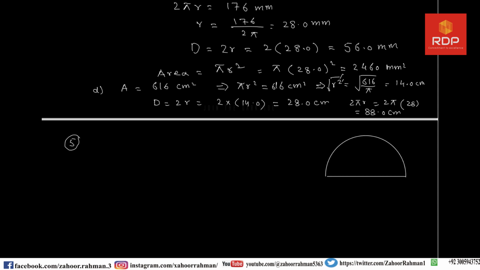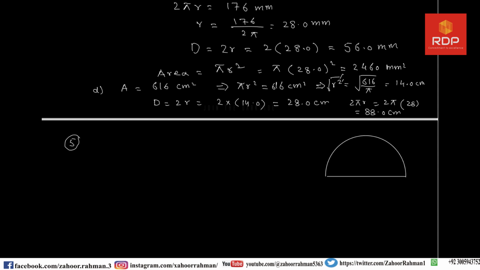Find the diameter of the semicircle, giving your answer in meters. They also told us that take pi is equal to 22 over 7.